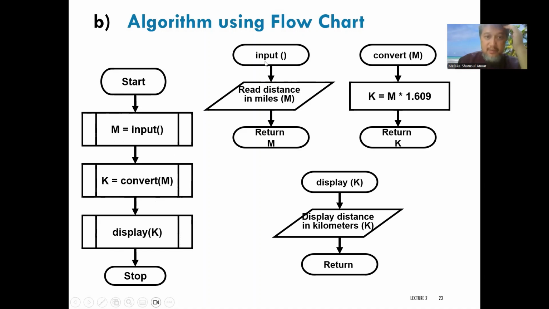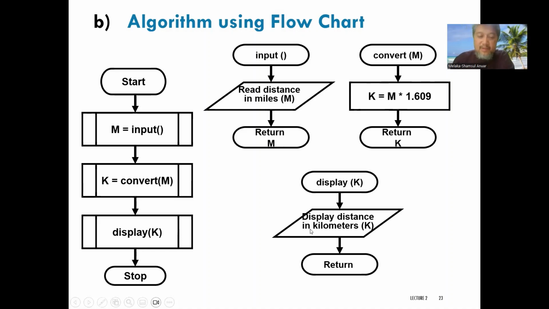So this is for input process. Start with the input, read the distance in miles, return m. To convert, this is the second function. You get m as the input and do that calculation and then return k.